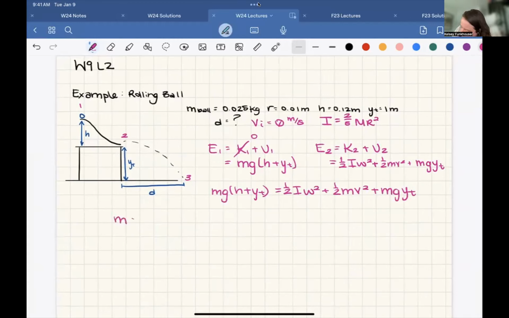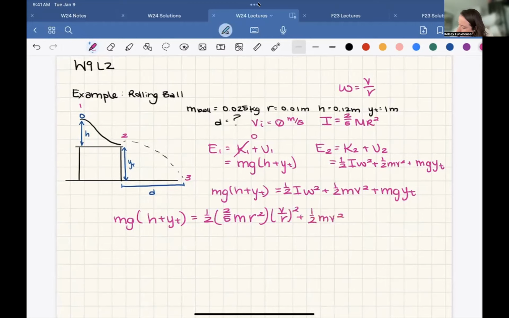So mgh plus yt equals 1/2 times 2/5. I guess it's lowercase m now, mr squared, times, I'm also going to plug in for omega, just v over r again, v over r squared, plus 1/2 mv squared plus mg yt.